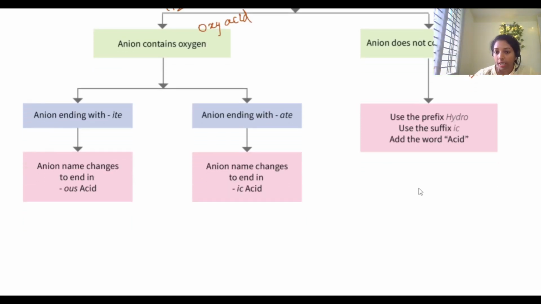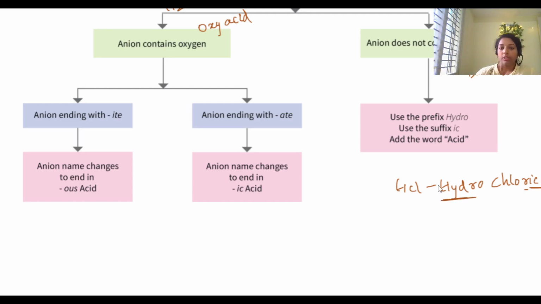Again I'm writing HCl. HCl means hydro is needed, because it's a binary acid. So hydro and the suffix ic acid. The base is chlor, so hydrochloric acid. Ic acid will be the suffix. So hydro is needed for a binary acid.